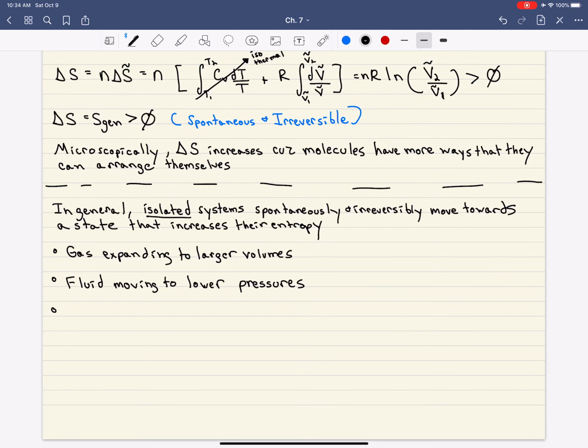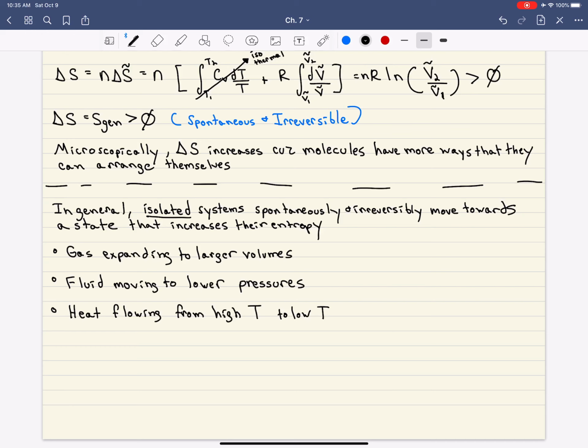Also, in your transport class, you're probably talking a lot about heat transfer now. So heat transfer through walls, where one side of the wall is hot and one side of the wall is cold. And you see that heat will flow only from the hot side to the cold side, so from high T to low T. And we see that because the lower temperature part of the wall, as heat flows to it, will get hotter.